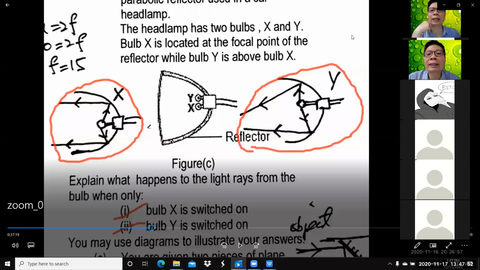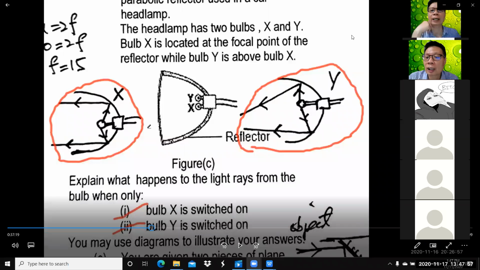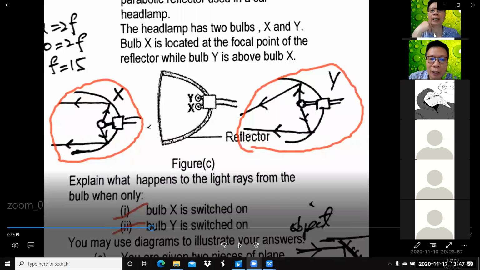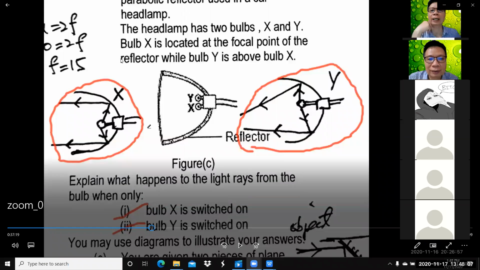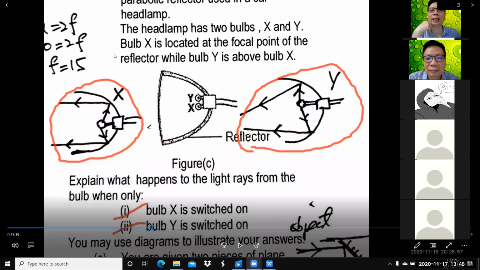Everyone got the answer now. Let's hear from Lachmi Jong. Lachmi, can you come up, please? Can you read out your answer loudly, please? When bulb Y is switched on, the light is reflected on the road surface by the reflector. Light travels shorter distance, therefore only short distance is brightened.